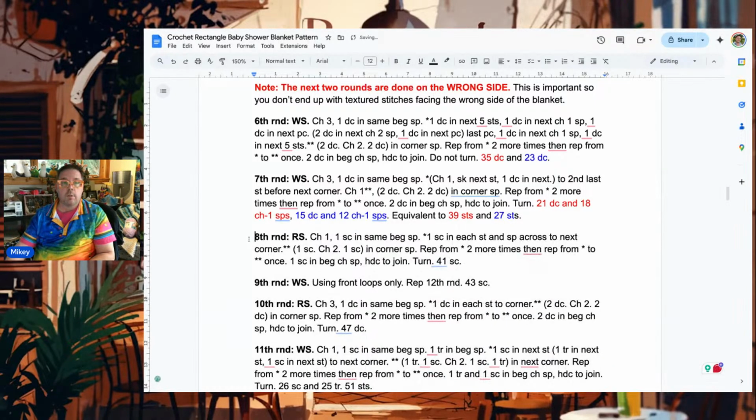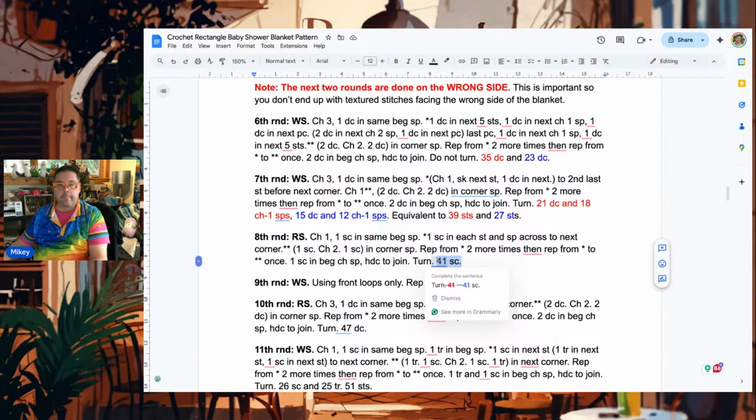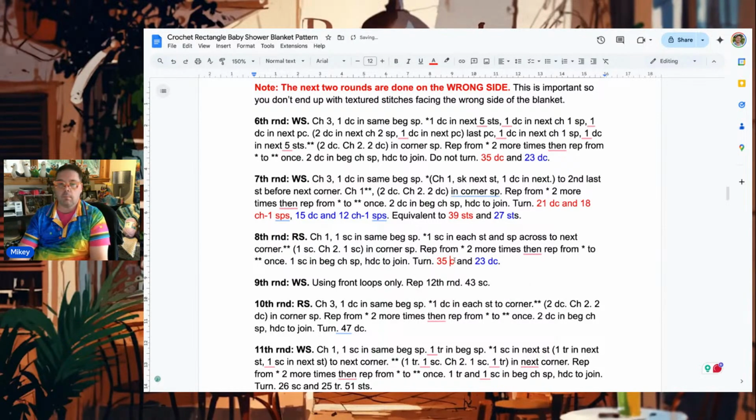Okay, 8th round. One single crochet in each stitch, so it's going to be this guy. So the 8th round, 41 and 29.